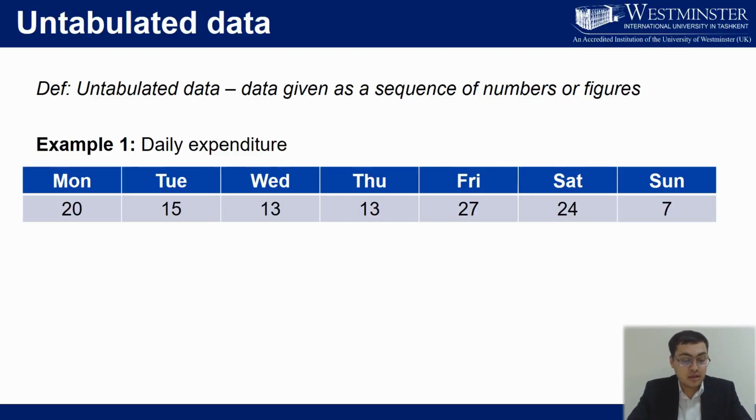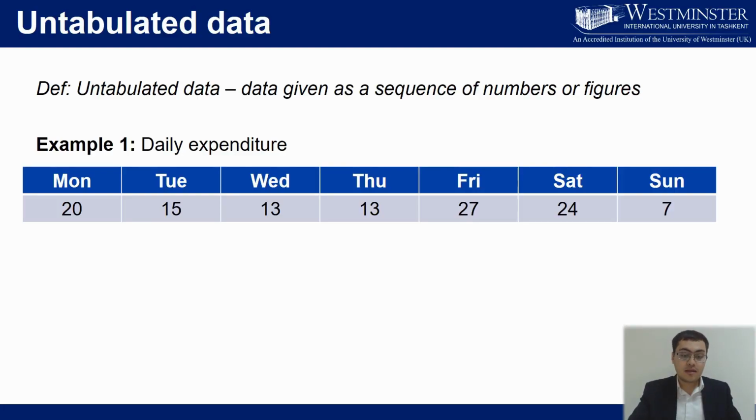Then on Tuesday, they spent 15, on Wednesday 13, Thursday 13 again. Friday, maybe they went out with their friends, so they spent a little bit more, 27. Then on Saturday, they might have done some shopping, so they spent 24. And then on Sunday, they didn't go out or something, so they spent a bit less.